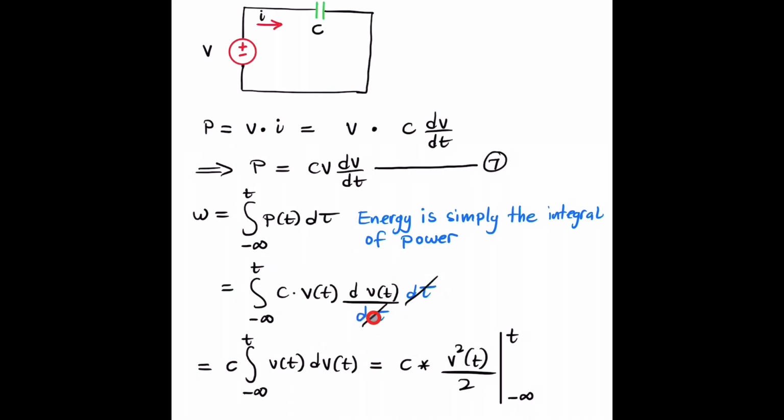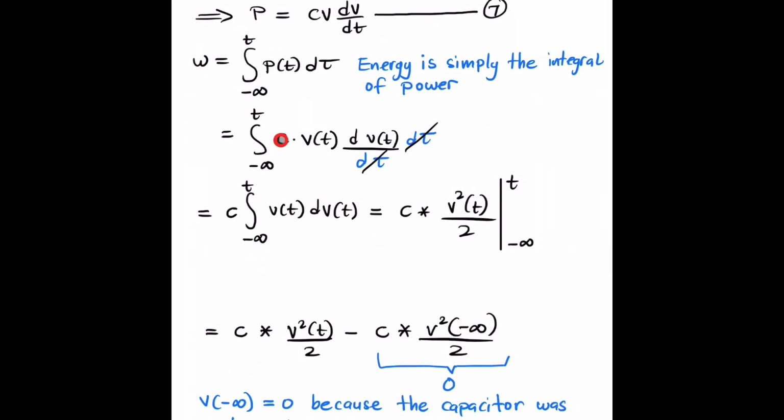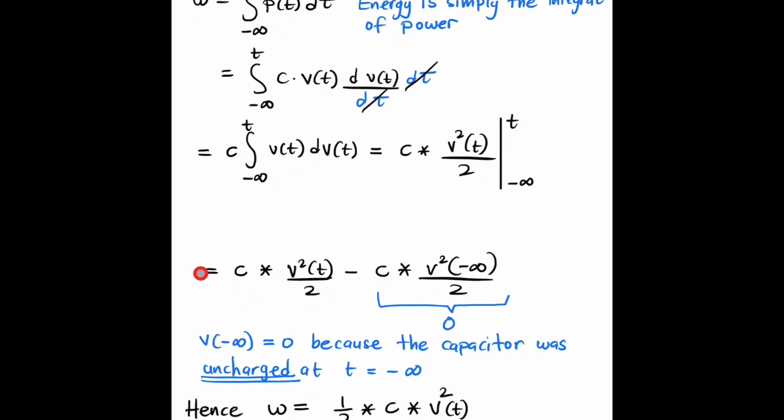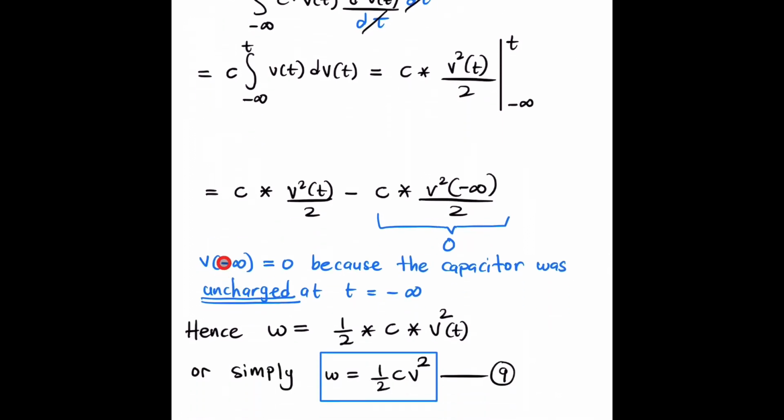So this is the tau, and then we make this also the tau. So this cancels this. This C is this C, this is this integral, this is v of t. So when we integrate, this is what we get. And this v at minus infinity is 0 because the capacitor was uncharged at t equals minus infinity.